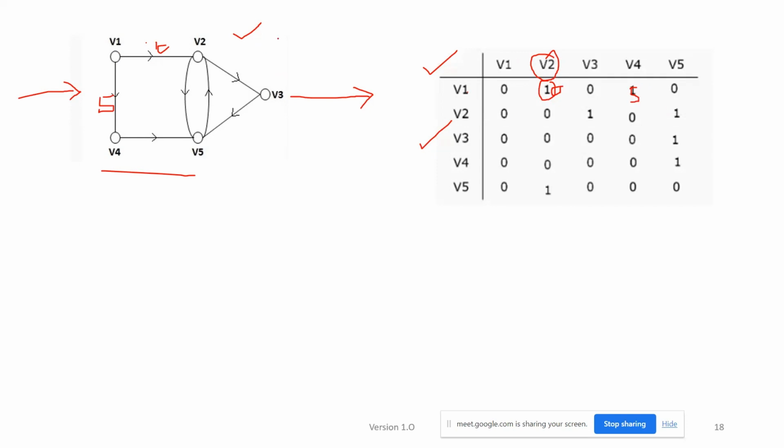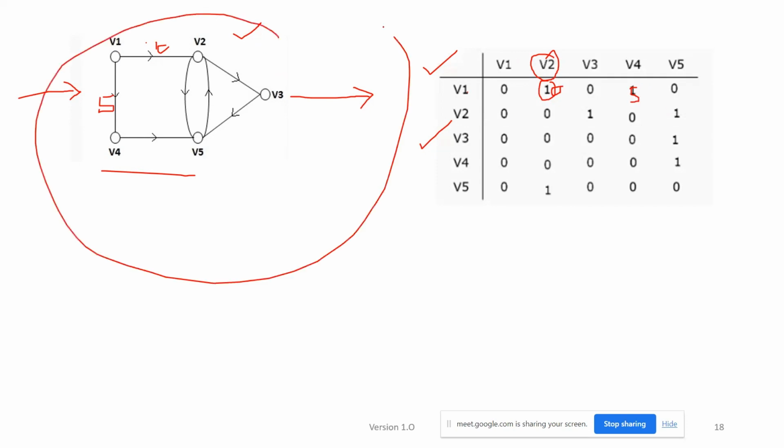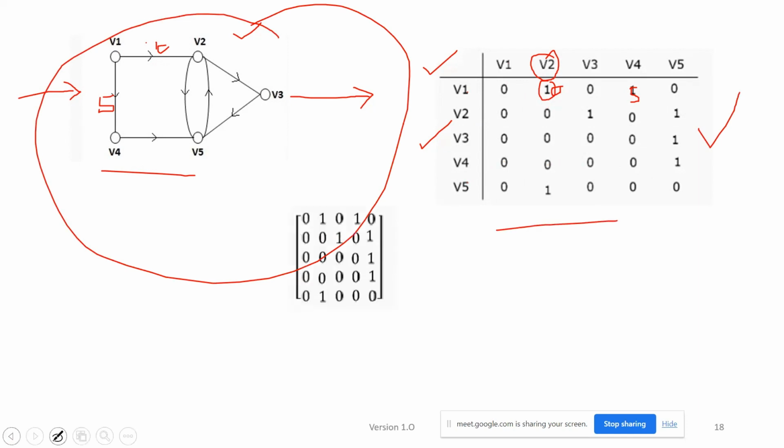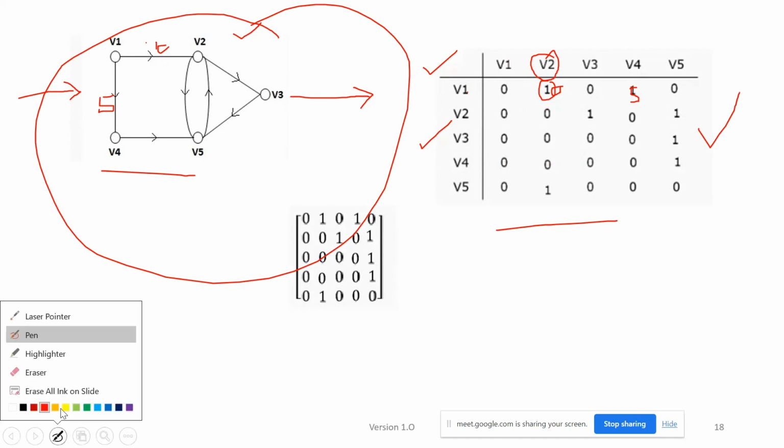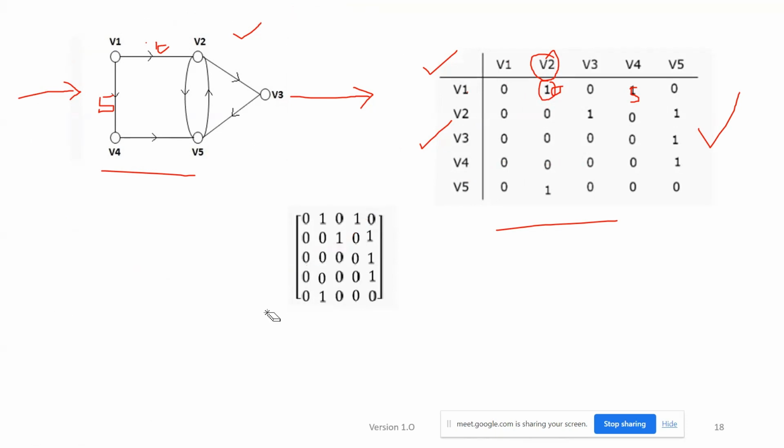Based on the graph notation, we are representing the data in a relationship matrix. That matrix is used for doing the calculations. So like this, we are creating a matrix. This is a matrix.